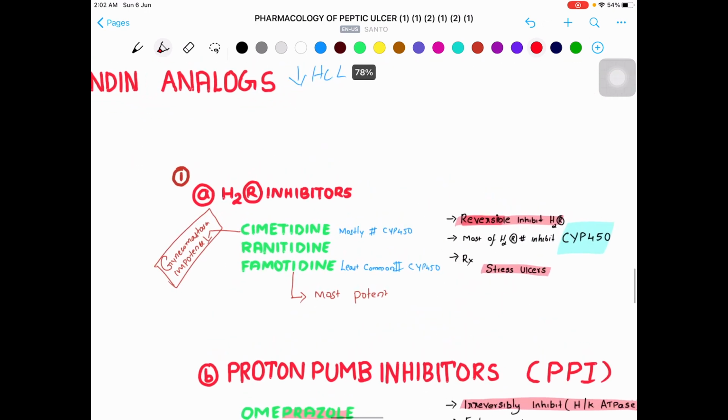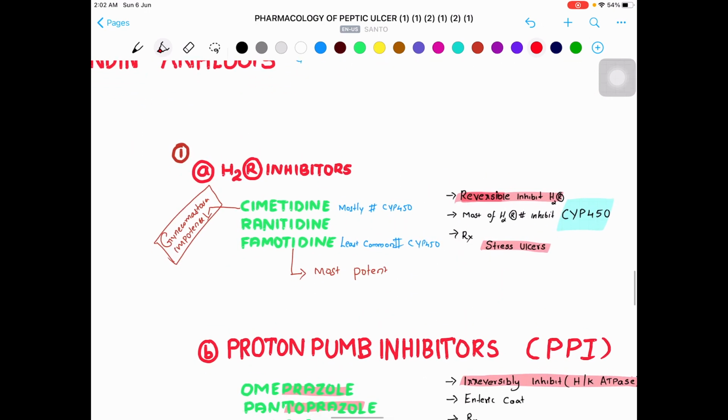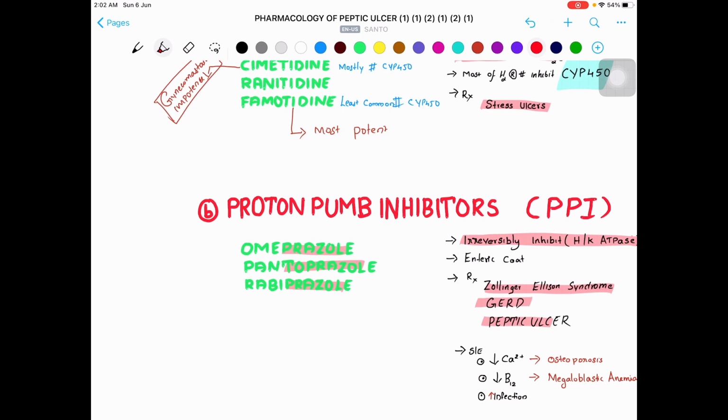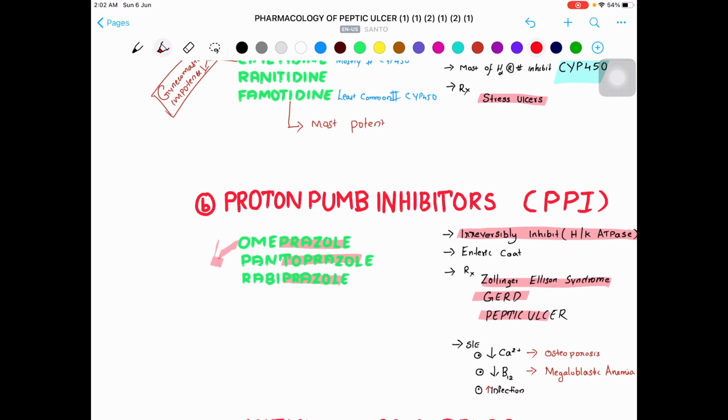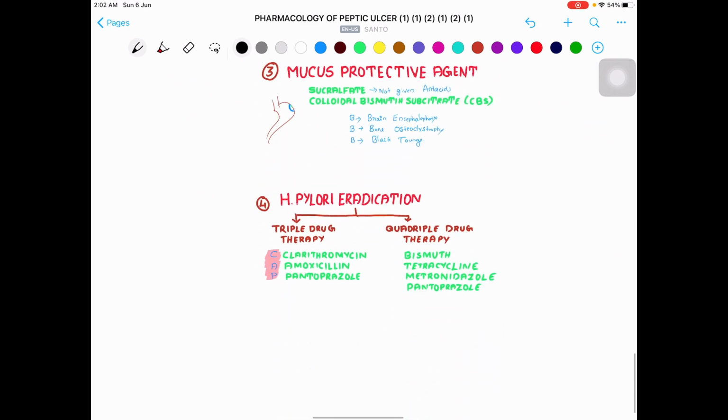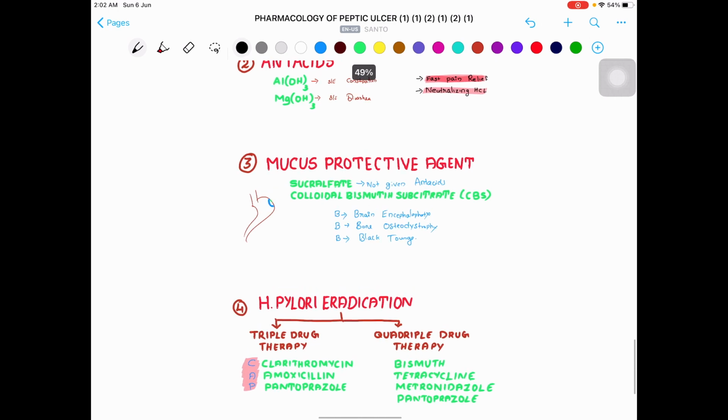We also discussed potency regarding a few drugs. Remember that omeprazole is the most potent among the PPIs, that is proton pump inhibitors. So we have almost covered everything in peptic ulcer pharmacology.